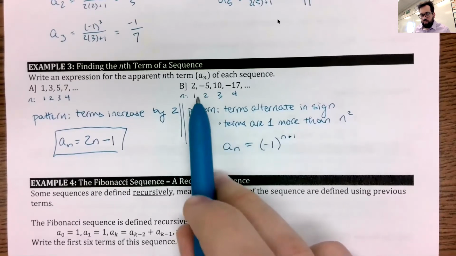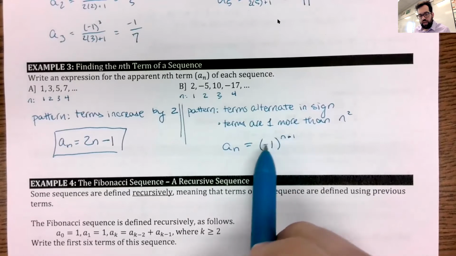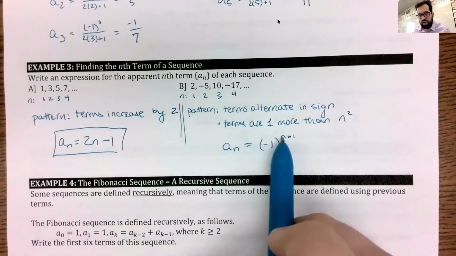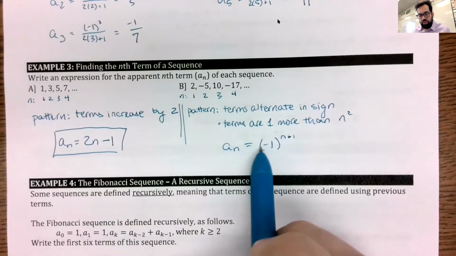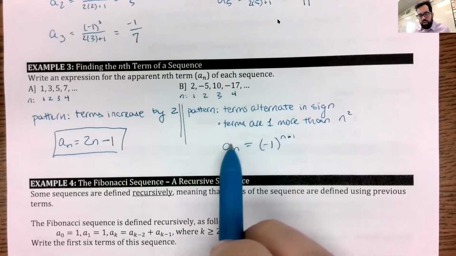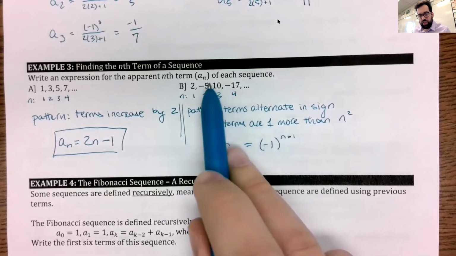Let's think that through. If I plug in 1 for n, I'm going to get -1 squared. -1 times -1 is +1. The first term becomes positive. If I plug in 2 for n, 2 plus 1 is 3. -1 cubed is going to be negative, so it stays negative. Plug in 3 for n. This becomes a 4. It's even. This becomes positive.